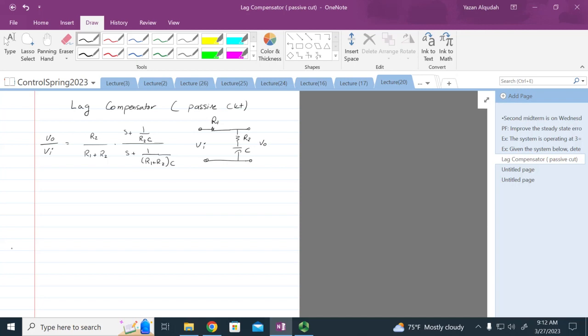This impedance over the total impedance, we can write it in this form. And therefore, we can write it as a constant multiplied by S plus ZC divided by S plus PC. And therefore, with this circuit, we can choose the components so that we have a pole very close to the origin and a zero to the left of that pole.